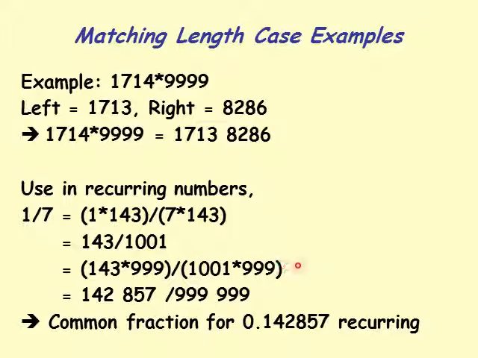If you multiply this out, 999 times 1000 is 999,000 plus 999, so that gives 999999. Six digits in the numerator and 6 nines in the denominator is a common fraction equivalent of a recurring number, which is 142,857. So that means 1 over 7 is equal to 0.142857 recurring.